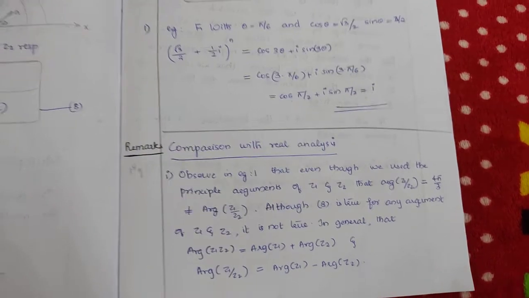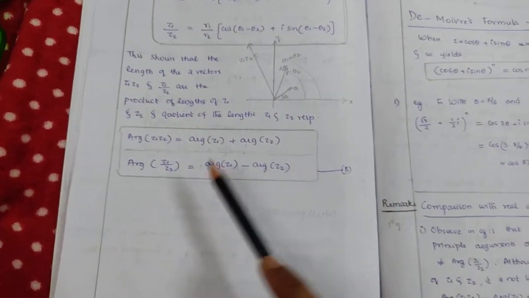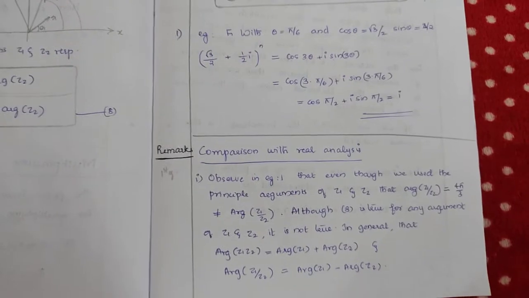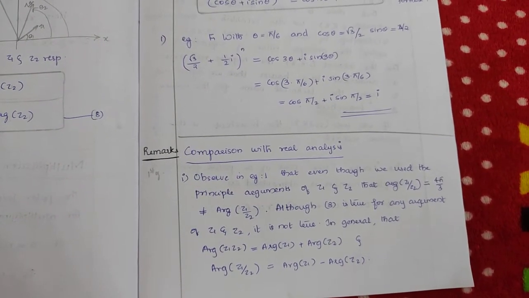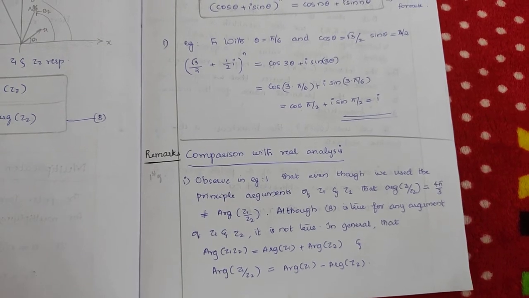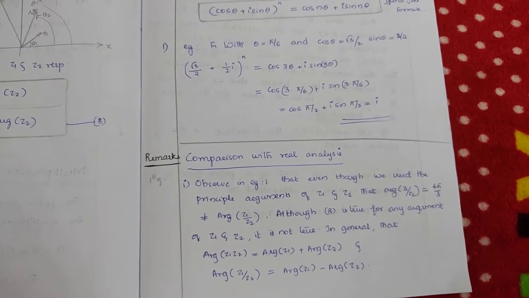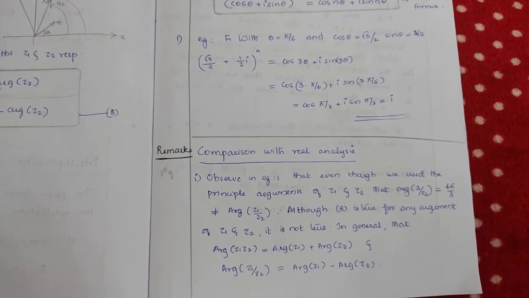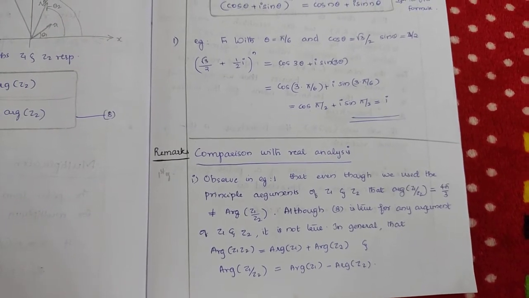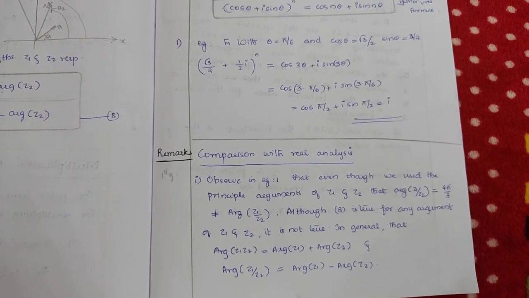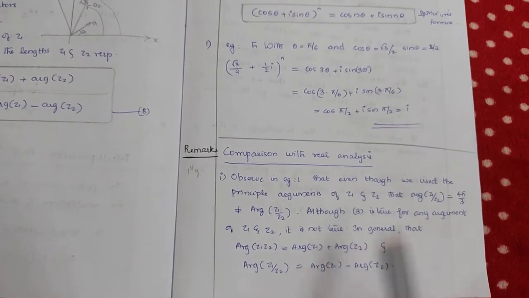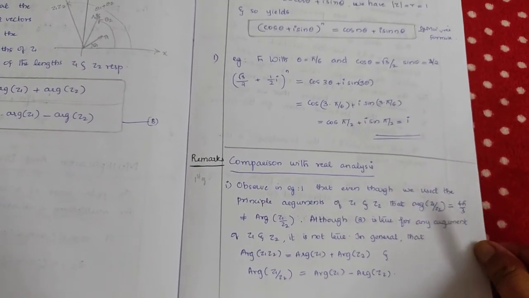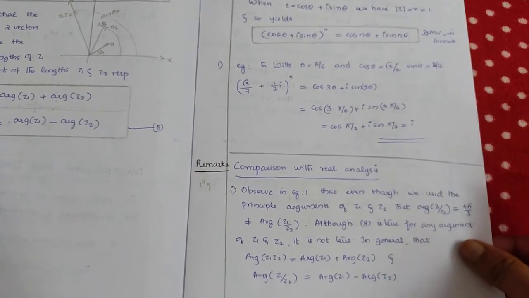Although this equation is true for some argument of z1 and z2, it is not true in general that argument of z1 z2 is equal to argument of z1 plus argument of z2, and argument of z1 by z2 is equal to argument of z1 minus argument of z2.